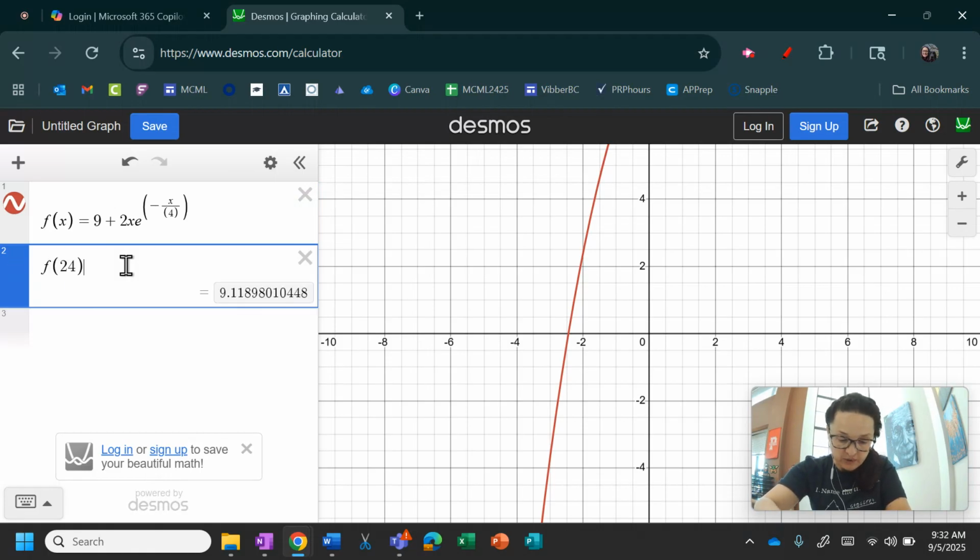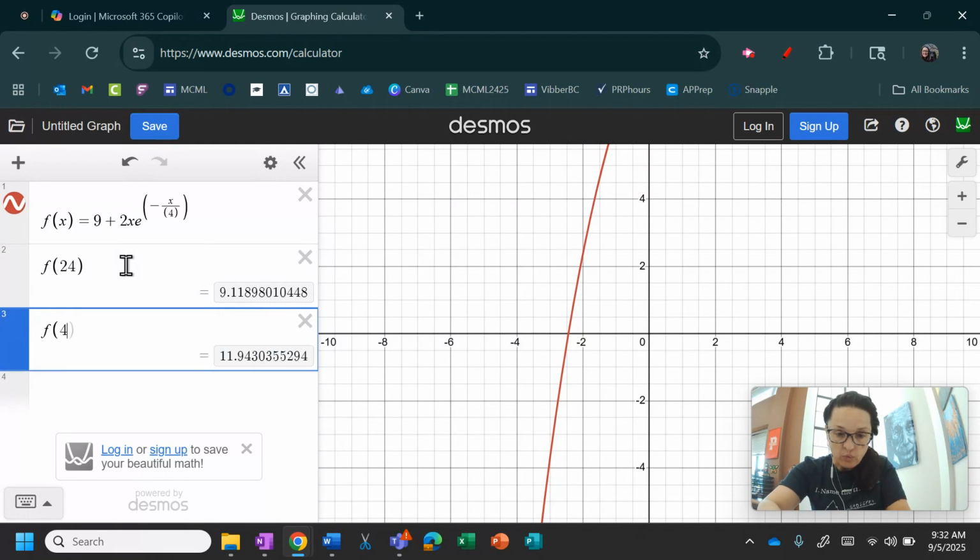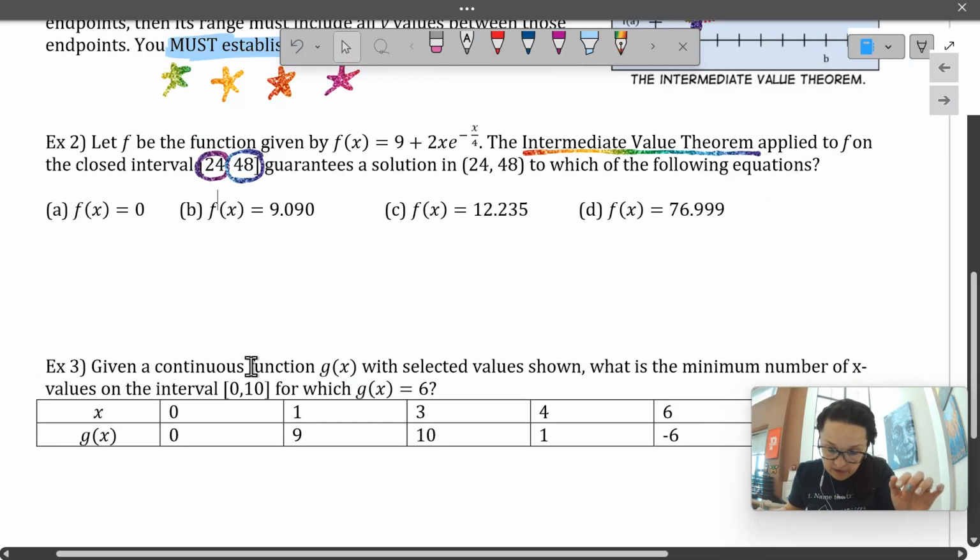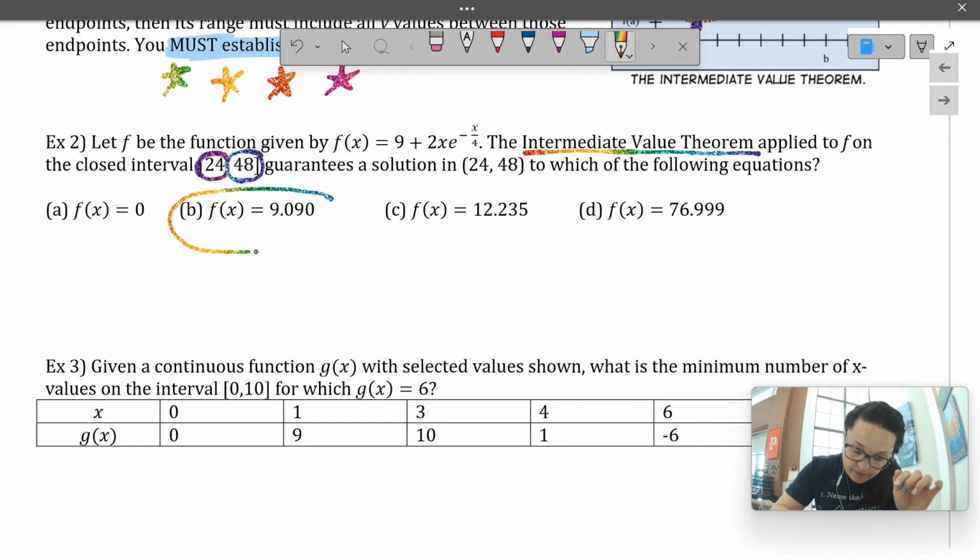So I'm going to say, what's f of 24? What's f of 48? Well, f of 24 is 9.11. f of 48 is 9.00. So I have to have guaranteed to me a y value between 9.00 and 9.11, that y value has to happen.